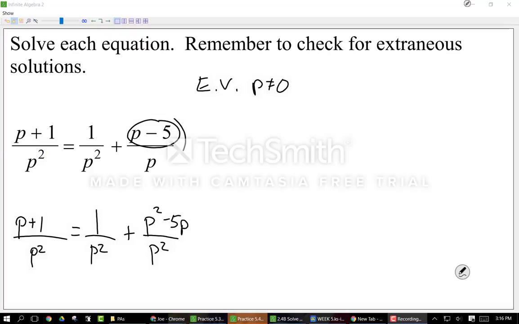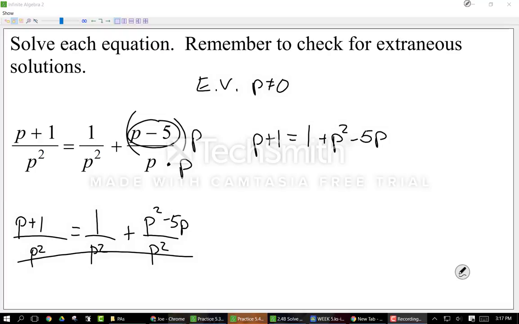How did I do that? I multiplied it by a p, because I had to multiply the bottom by a p to get my p squared. That was my second step, remember, LCD. Third step, cross and solve. So I get p plus 1 equals 1 plus p squared minus 5p.